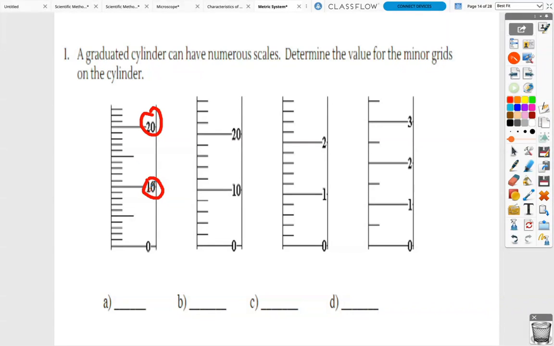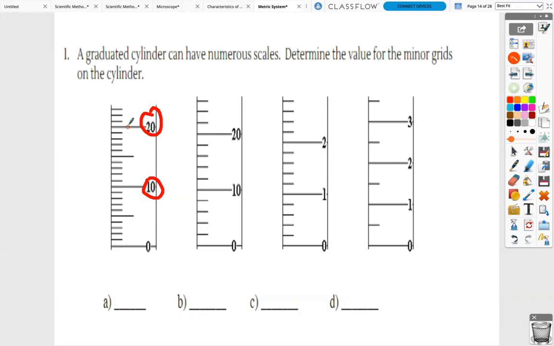So if you'll count with me here, I have 10, this next line, 11, 12, 13, 14, 15, 16, 17, 18, 19, and 20. So if you have 9 lines or 9 increments separating two numbers like that, it could be by ones or it could be by 0.1.